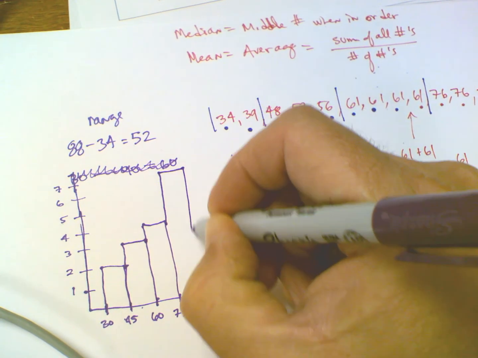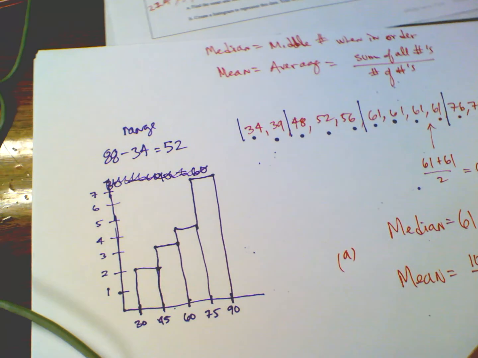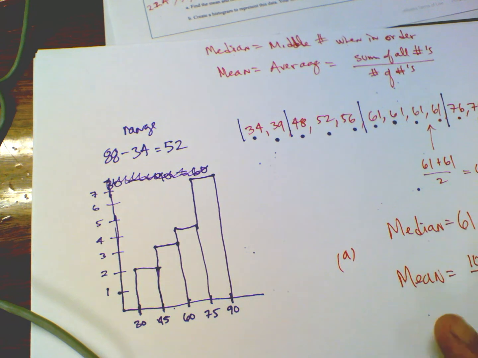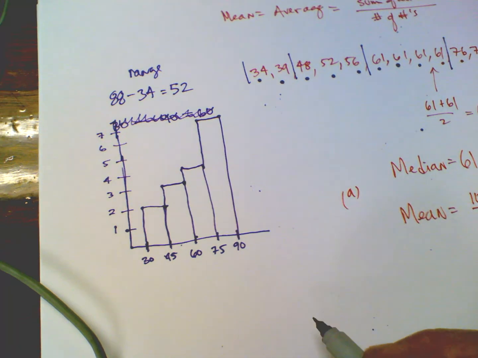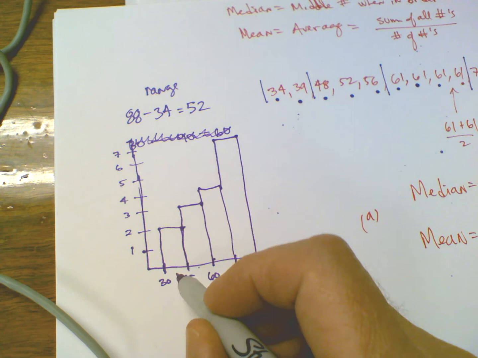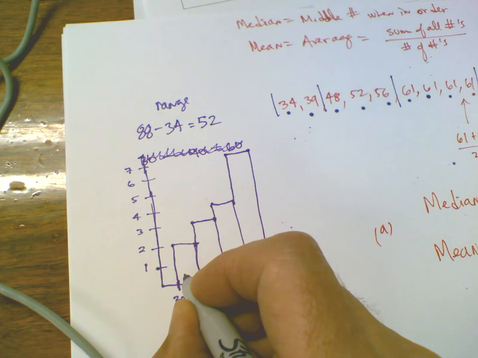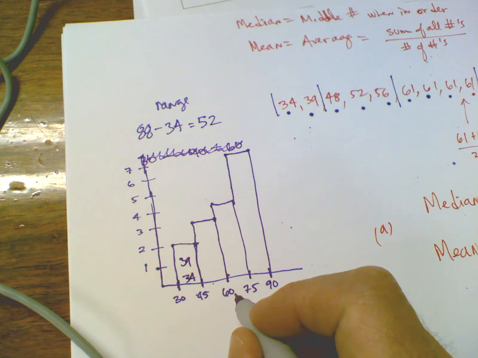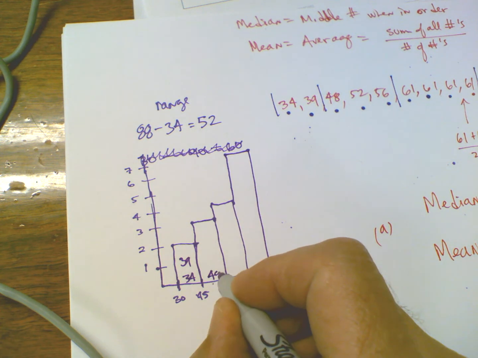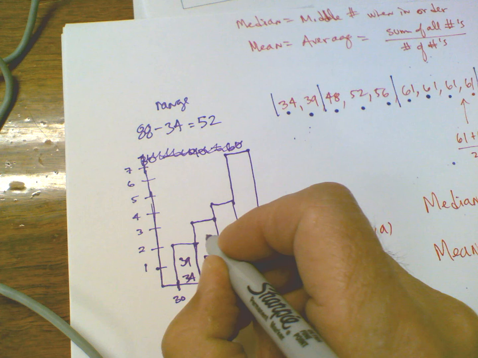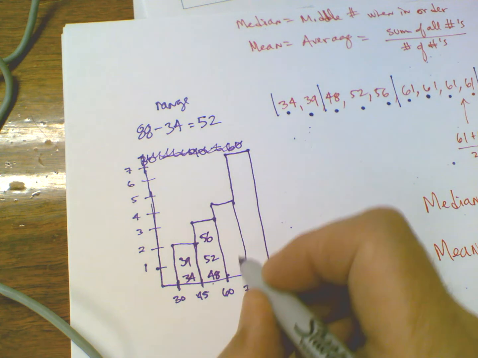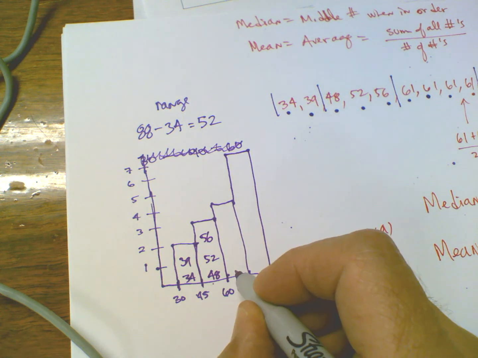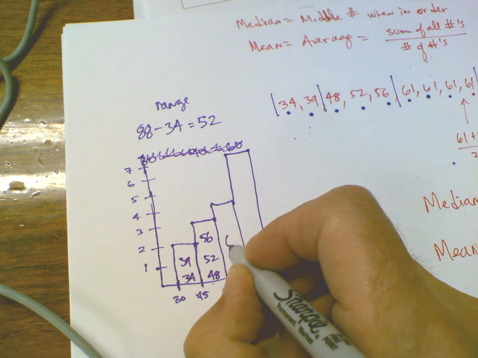So that's one way to draw the histogram. Okay. Another way to draw the histogram would be to write the numbers inside here. And I've seen that as well. You would write in here, you would say 34 and 39 and just draw your numbers up. And then this one would be 48, 52, 56. And then you just continue to stack your numbers, 61, 61, all the way up.